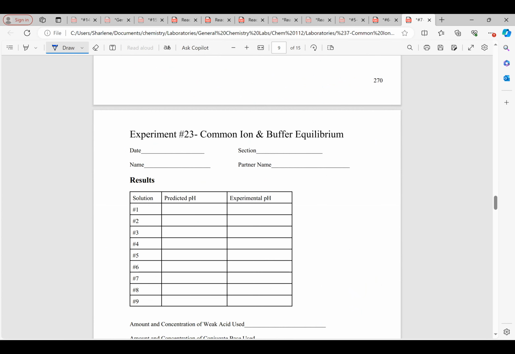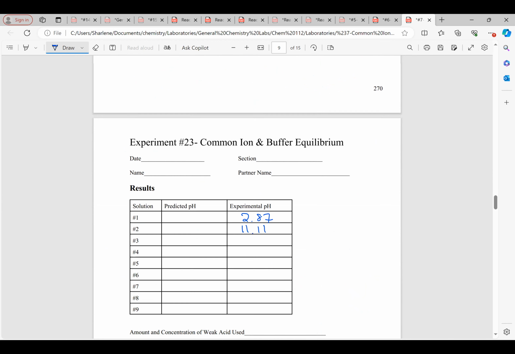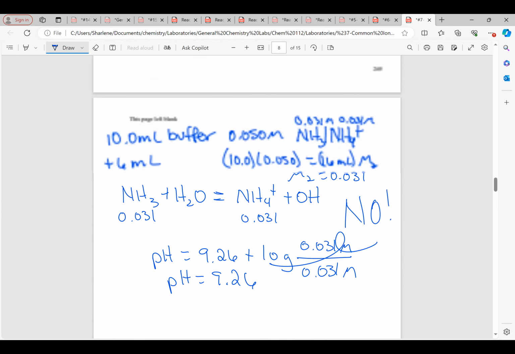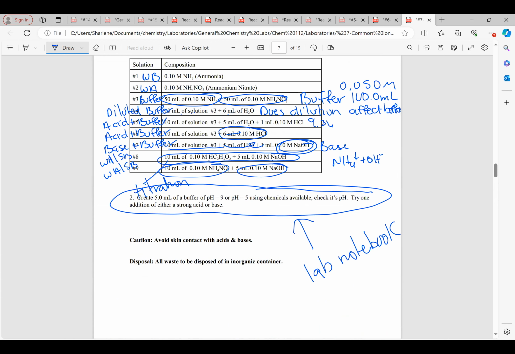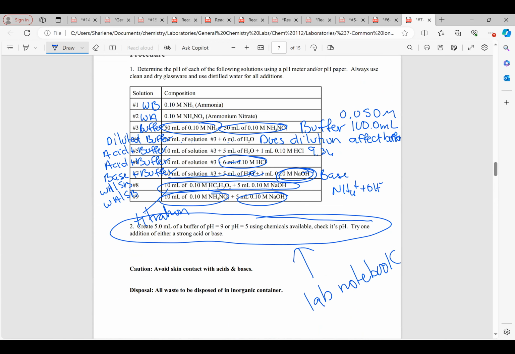Oh, let me see. The solution was 2.87. It was 11.11. What was number 3? Number 3 was 9.26.